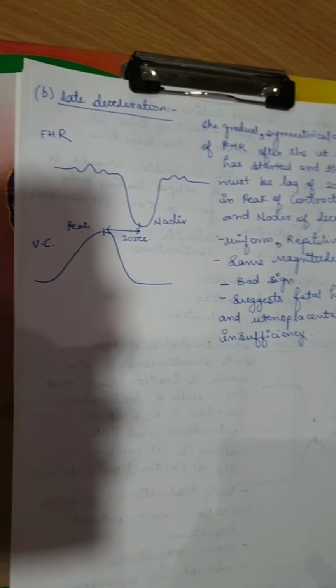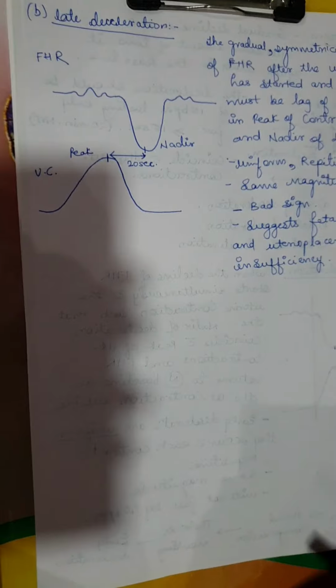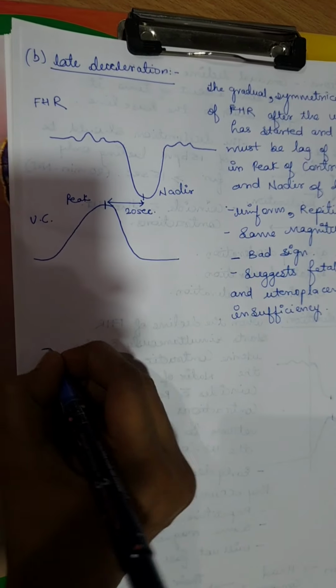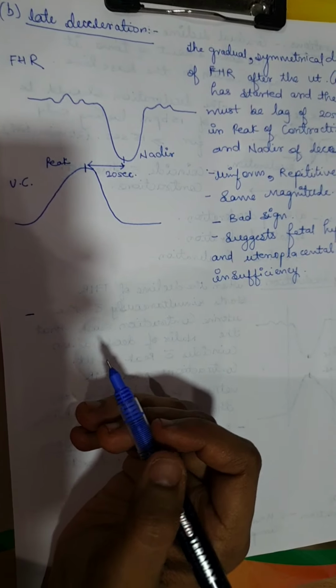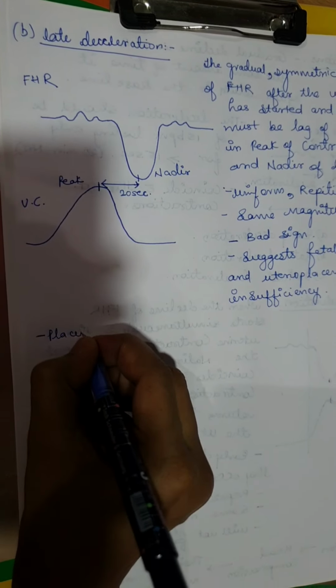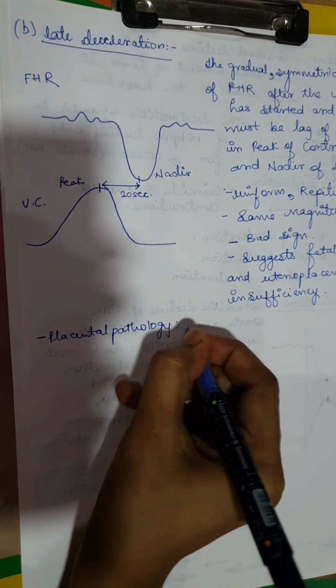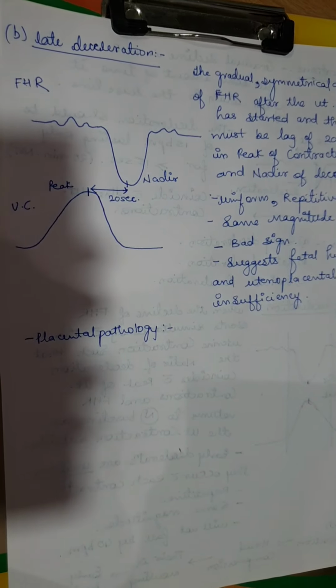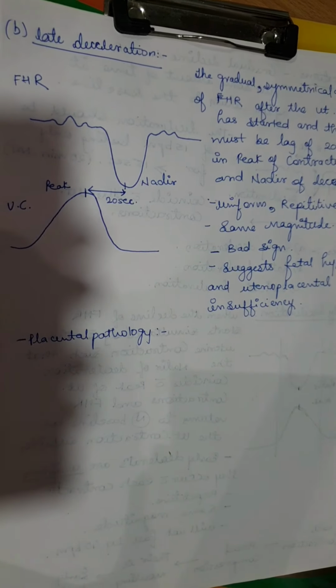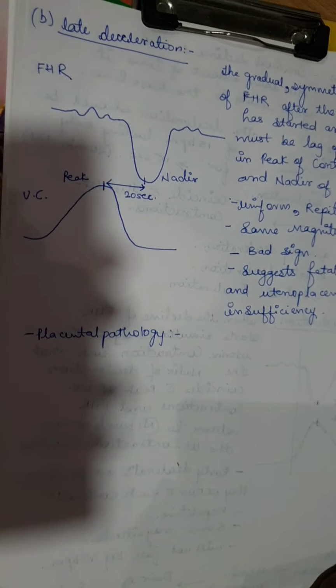Now, why do we see late decelerations? There are different factors which can cause late decelerations. First, as we have always seen over here, there is uteroplacental insufficiency. Now, why will this occur? If there is the presence of any placental pathology. If we look towards the maternal causes, it might be maternal hypertension, if the patient is showing symptoms of preeclampsia, or the patient has diabetes, that is gestational diabetes mellitus, or if there is abruptio placentae.